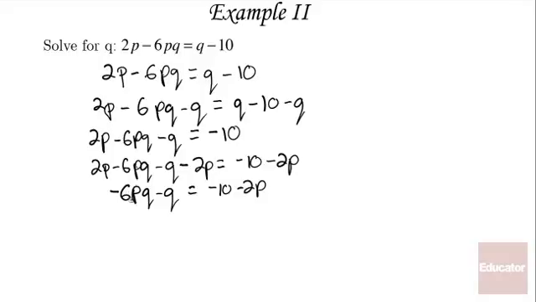Now, I need to separate these q's from the -6p. And I can do that by factoring. And as I mentioned earlier in the course, factoring is taking the distributive property and working in reverse.